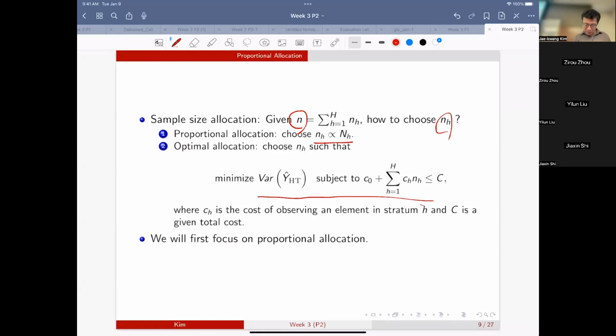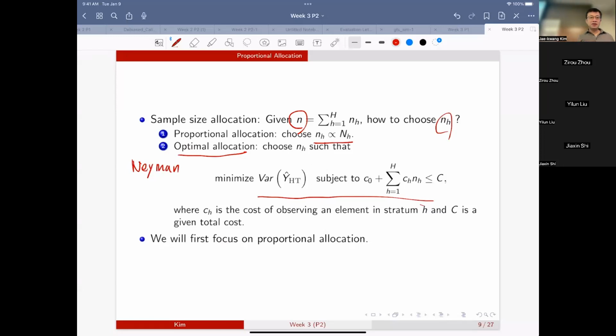This optimal allocation was first proposed by Neyman. This is the same Neyman as in causal inference. At that time he was in Poland, a Jewish man who got his PhD at a university in Poland.